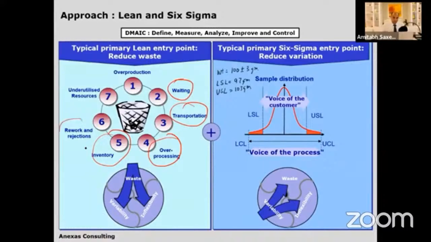That is a waste. Rework or rejections, I already talked about it. And another waste is waste of intelligence, underutilized resources. You hire a PhD person and give him a data entry job, that is waste of his intelligence. And producing more than required is also a waste.